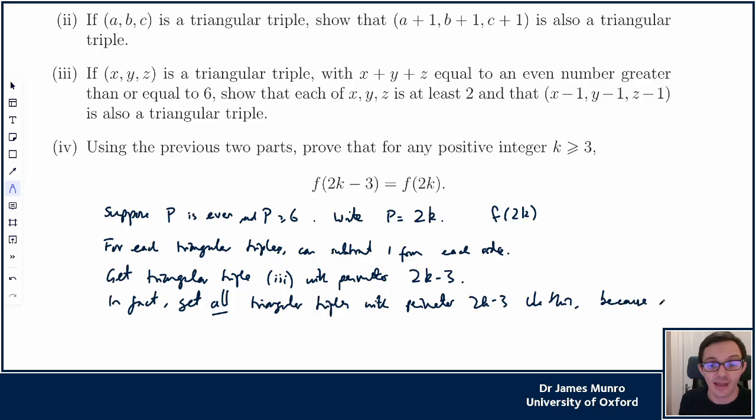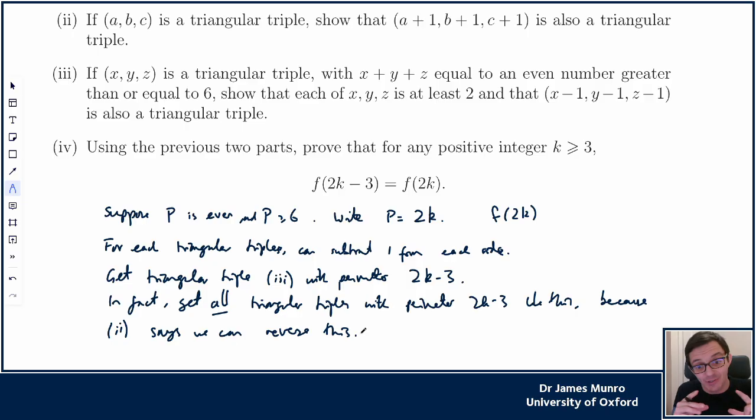Because if there were any left over, any other ones, we could add 1 to each side, and because part 2 says we can reverse this. We can take a small triangle and add 1 to each side, and we'll get one of these triangular triples with 2k. That's the one that we should subtract 1 from each side in order to hit that one in the small triangle collection. So the number is the same.